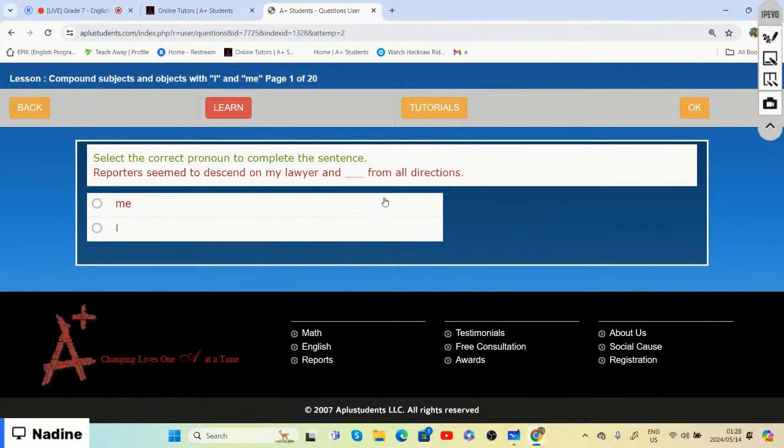So, what is the correct pronoun? Is it my lawyer and me, option one, or my lawyer and I, option two? Reporters seem to descend on my lawyer and me, or my lawyer and I from all directions.